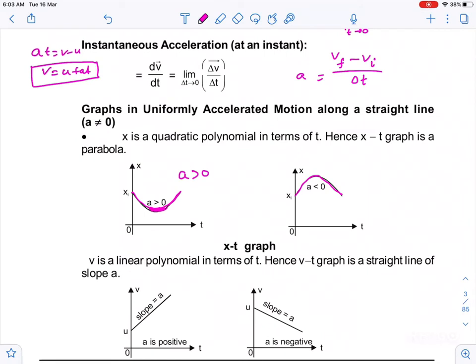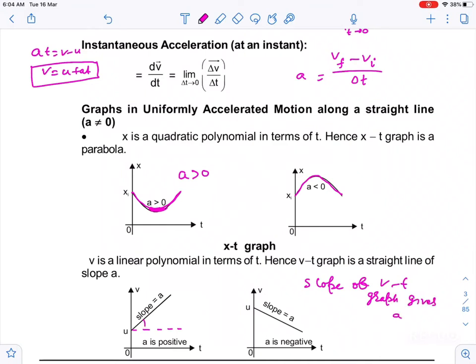Now the x-t graph, position time graph. From this position time graph you will derive the expression for the first equation of motion, because you know that the slope of the velocity time graph gives acceleration.